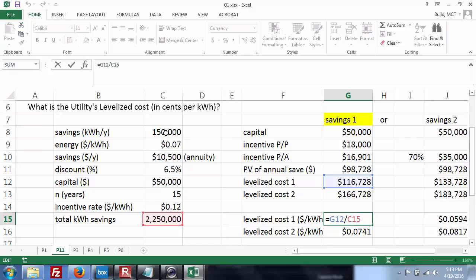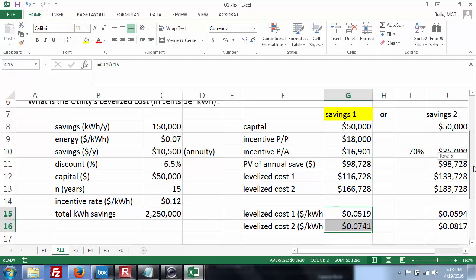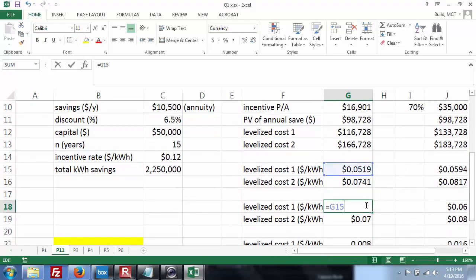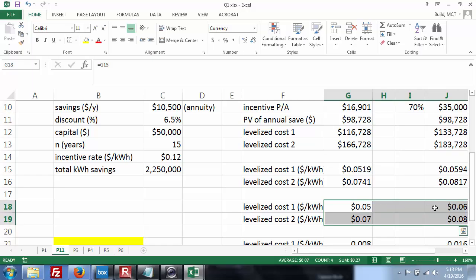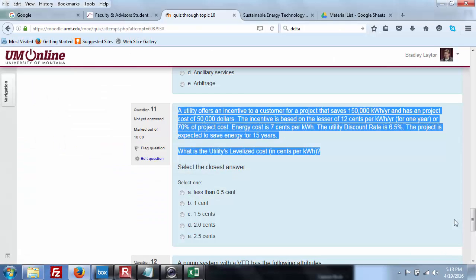That's just 150,000 kilowatt hours per year times 15 years. So if this total sum were the levelized cost divided by the total kilowatt hour savings, this would be the levelized cost. But each one of these cells I just copied down from above and put the significant digits at 2. So if this were our multiple choice, 5, 6, 7, or 8 cents per kilowatt hour, none of them are correct. So that's not the right way to interpret it.